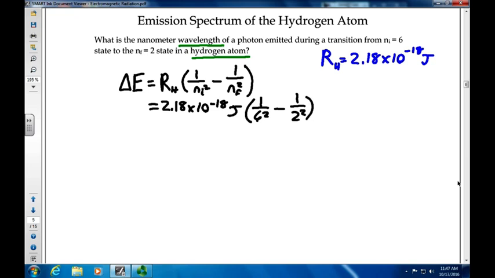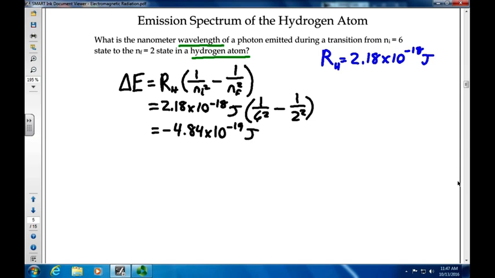And all told, 1/36 minus 1/4 is negative 2/9. And that becomes very interesting once you've solved for this. Once you've done all the arithmetic out, you'll find that it's negative 4.84 times 10 to the minus 19 joules.